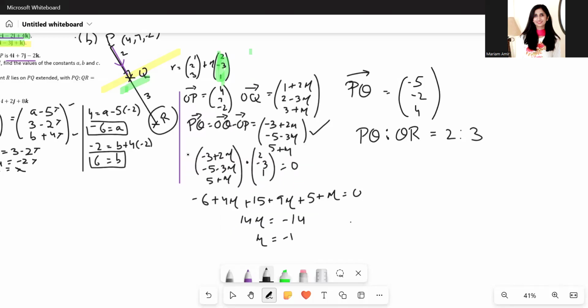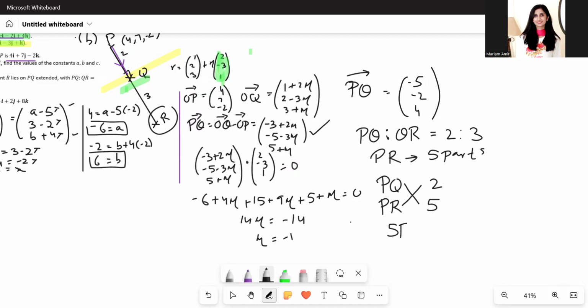So that means PQ has 2 parts and QR has 3 parts. So PR total has 5 parts. Okay, so we already have PQ, which has 2 parts, and PR would then have 5 parts in total, and we cross multiply them.